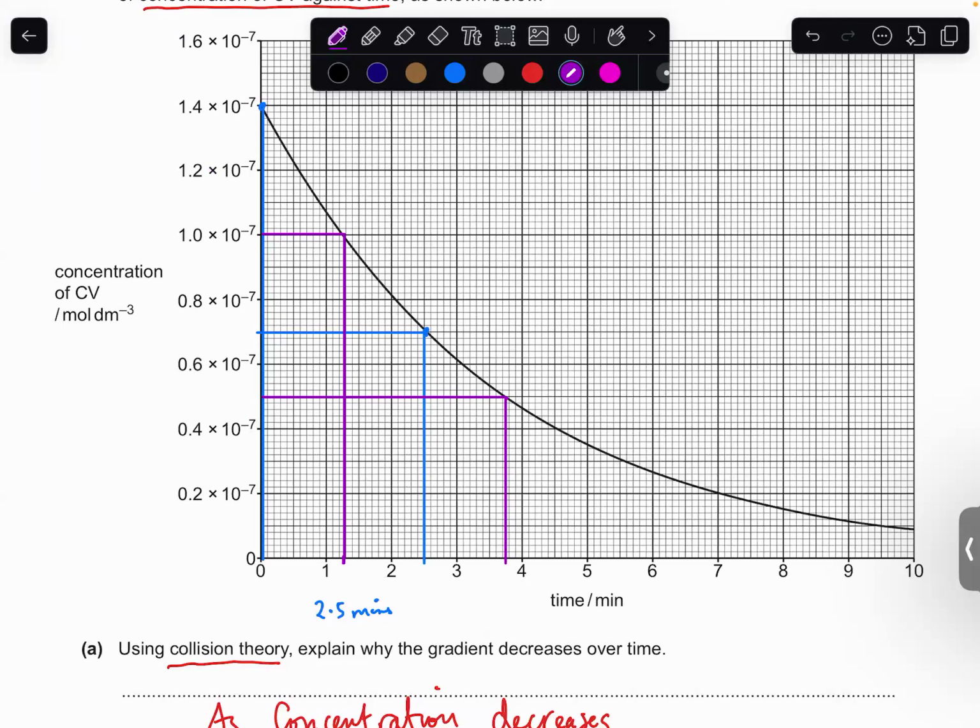And here, 3.75 minus 1.25, that is also exactly 2.5 minutes.